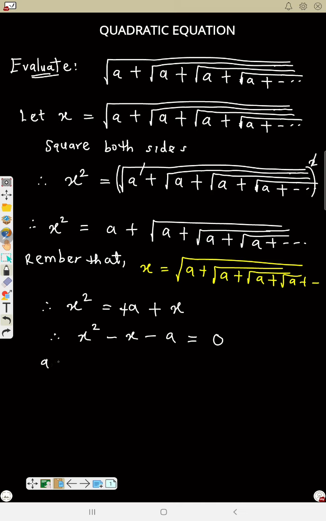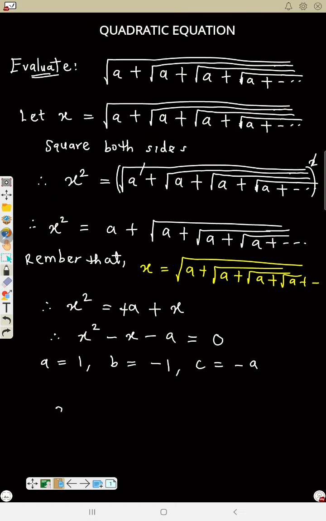So here a is equal to 1, b is equal to minus 1, the coefficient of x, and c is minus a, the last term.